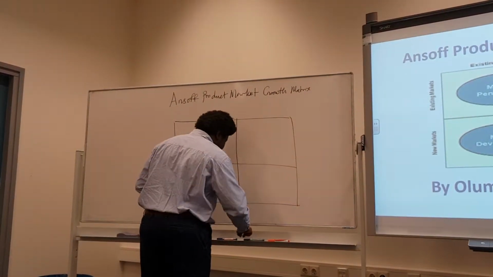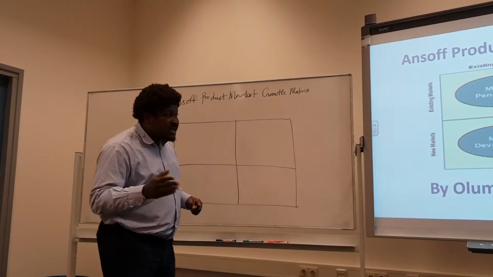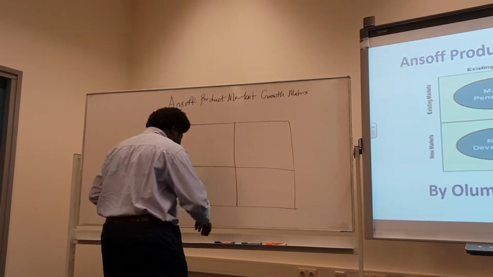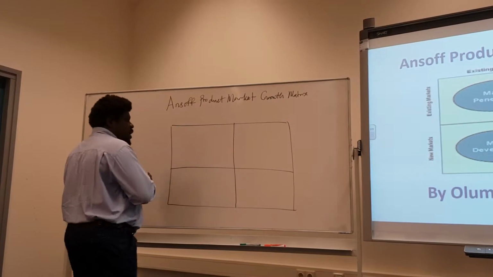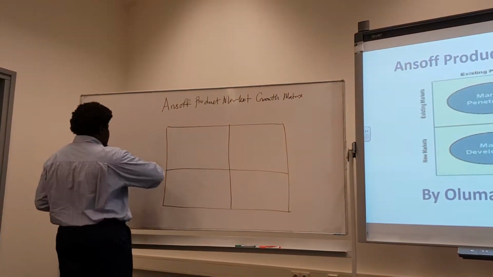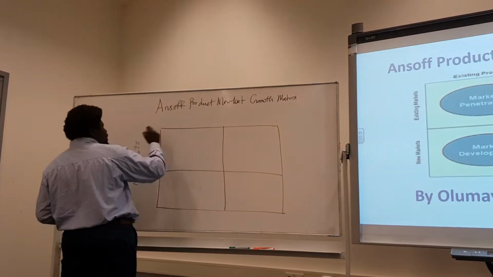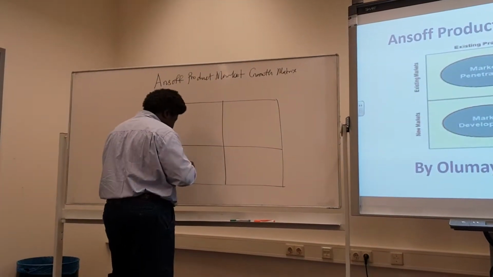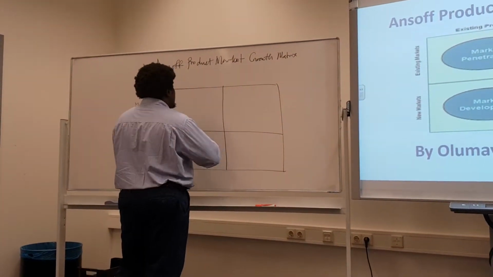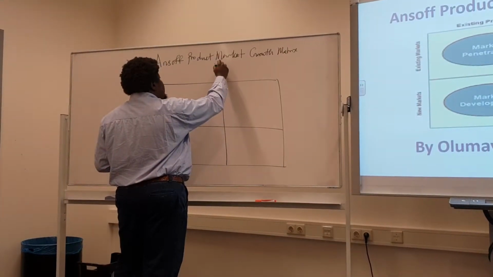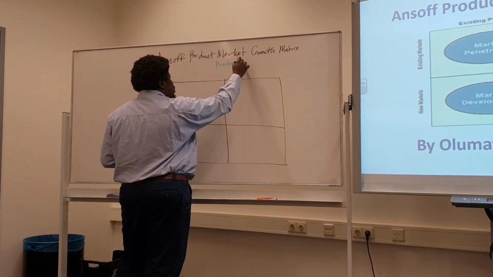Remember that we said that the matrix is about markets and products. So here we would have markets, and right on top here we would have products.